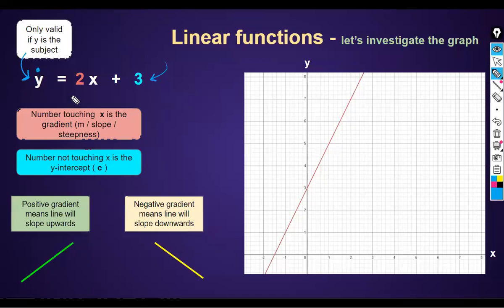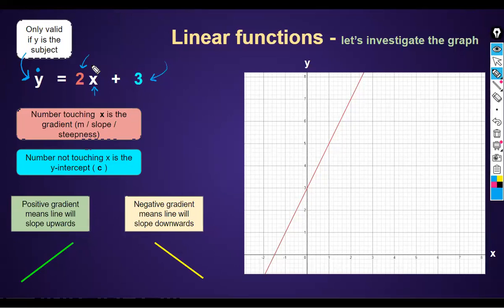Once y is the subject, look for the letter x. What number is touching the letter x today? In my example, the number 2. Is that a positive number or a negative number?